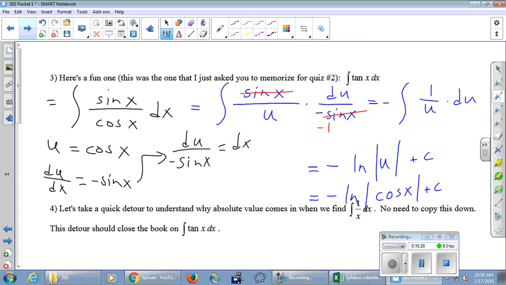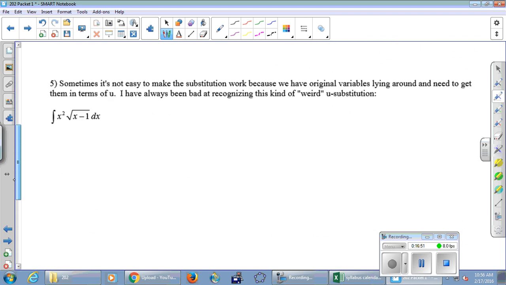If you are interested in why this absolute value mysteriously appears, just see me right after class. It'll take less than 5 minutes to talk about. I just don't want us to do it during class time. Just don't think it's worth anything. To answer Costanza's question, I have no plans to take points off if you don't put the absolute value. But if you don't put a plus C, that's where my red pen comes out.